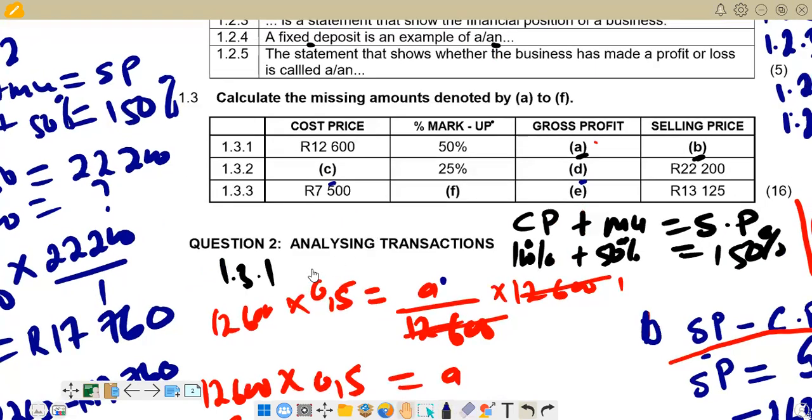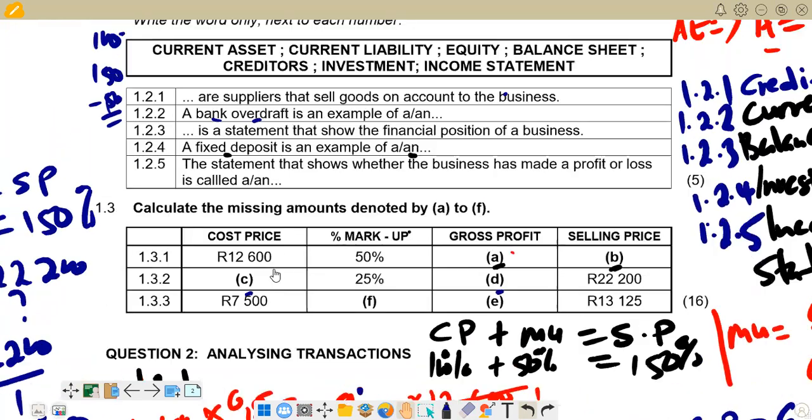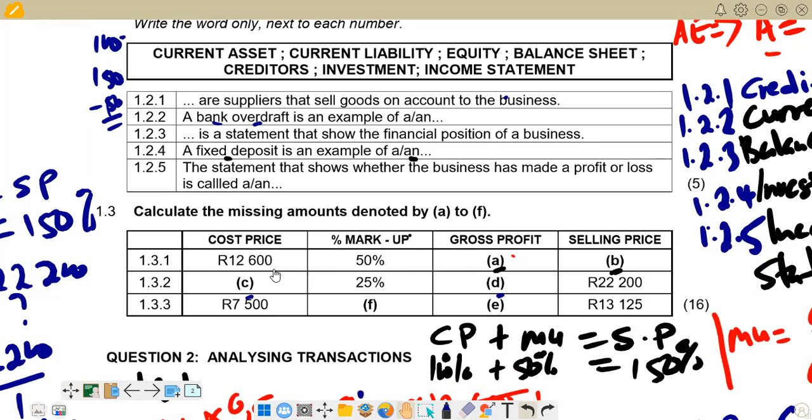We are now on 1.3.3. On 1.3.3, F is the one that we want to look for, and it's our markup. And then we also have our E, which is our gross profit. So we can start with our F here, which is our markup. How can we find the markup? That is the issue here.